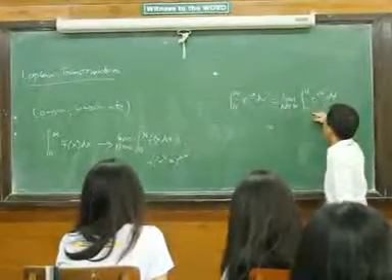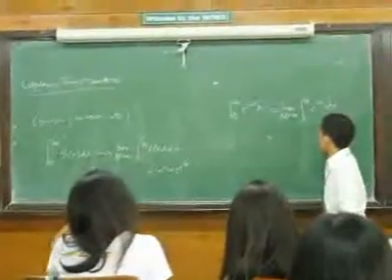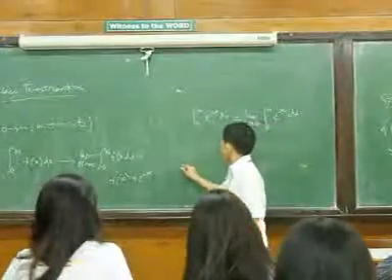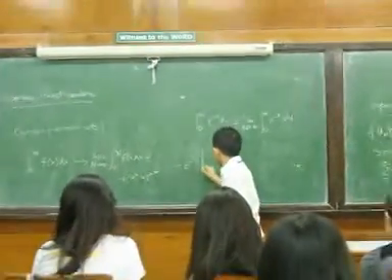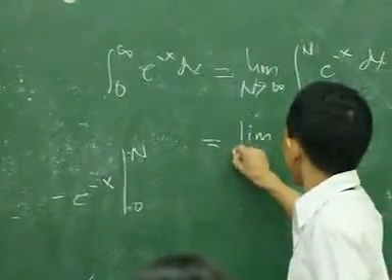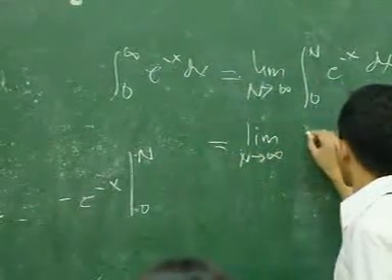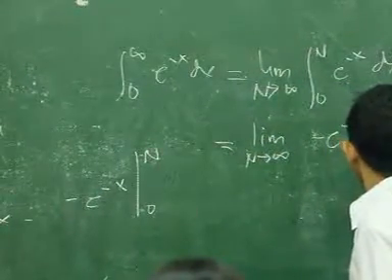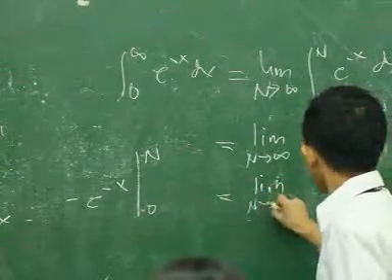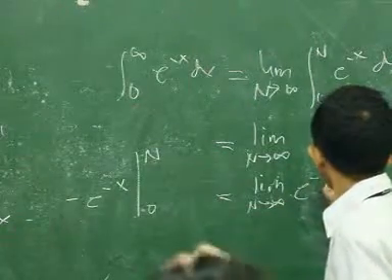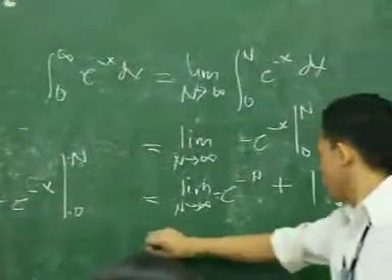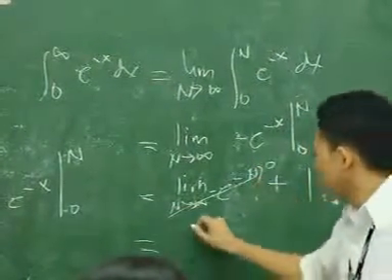Evaluating this integral, we have negative e to the negative x from 0 to n. So taking the limit as n goes to infinity, we basically have e to the negative n plus 1. Do you agree? Yes. So this is basically 0, so we have 1.